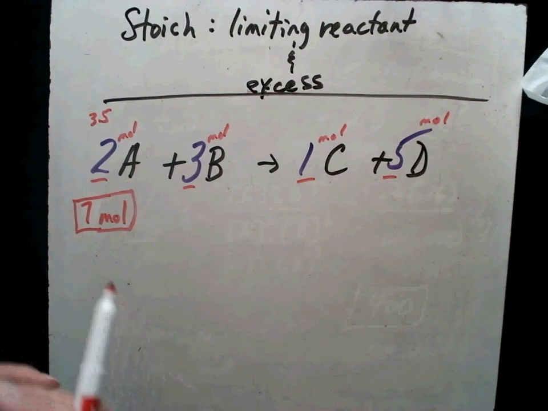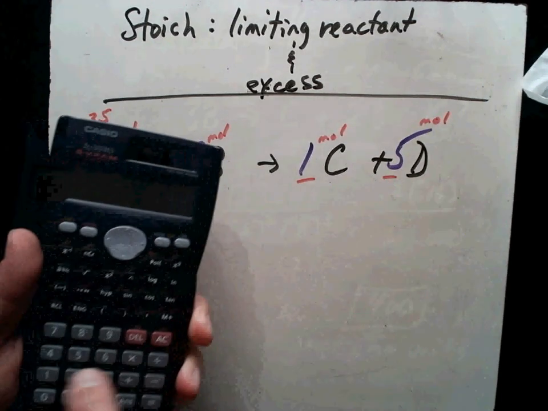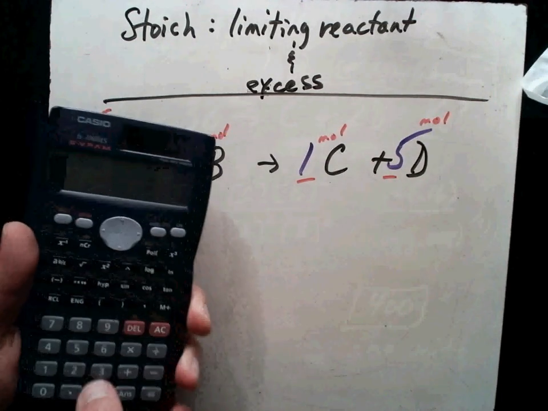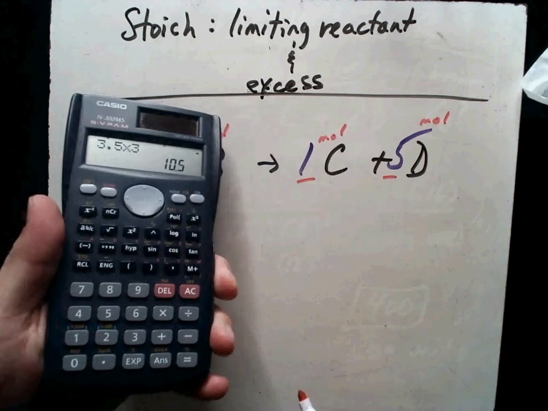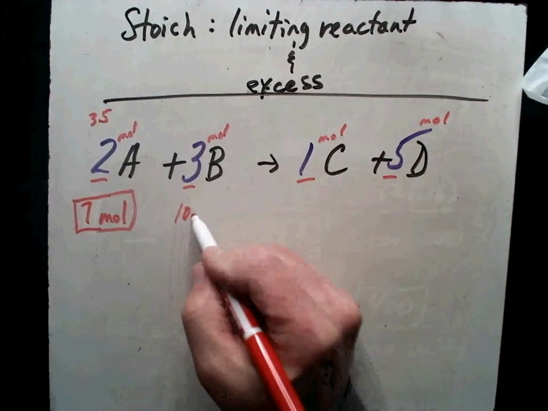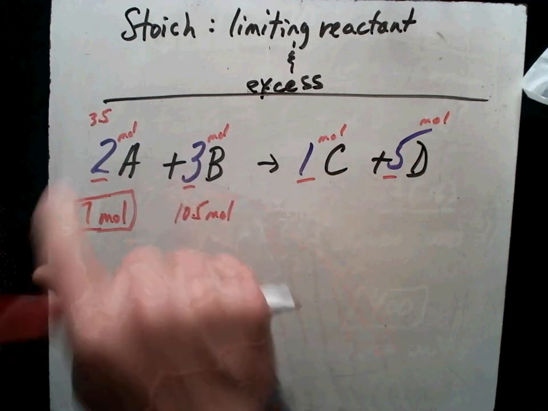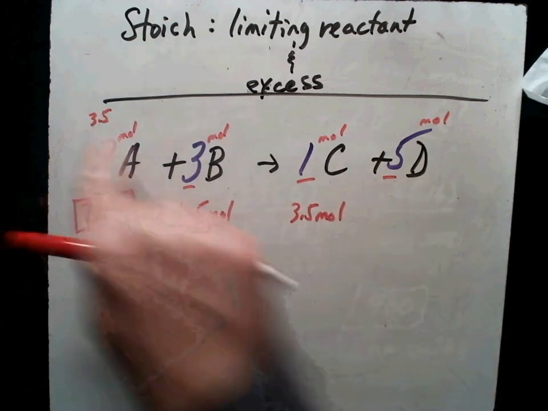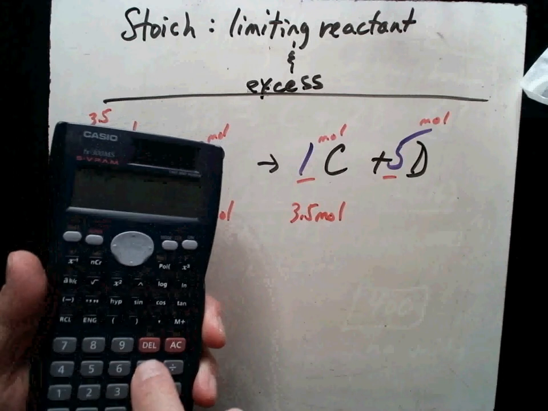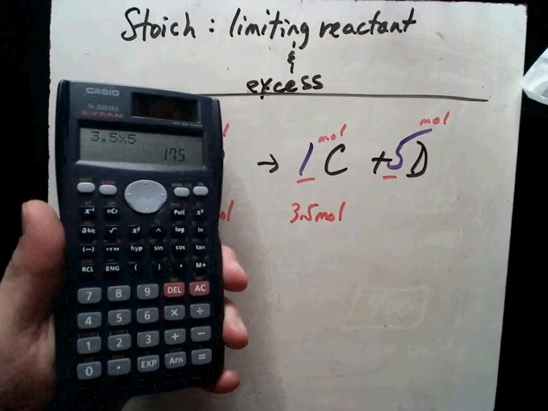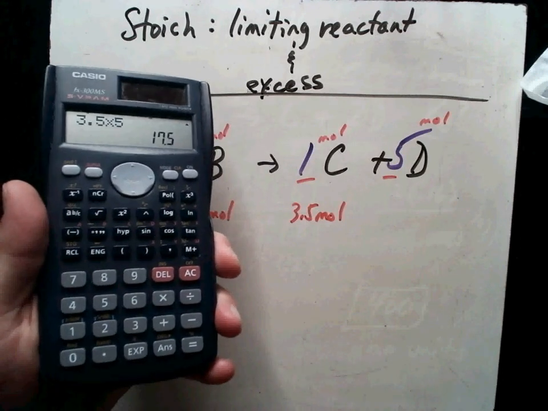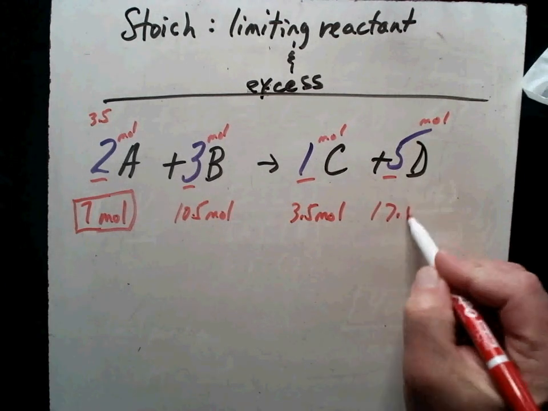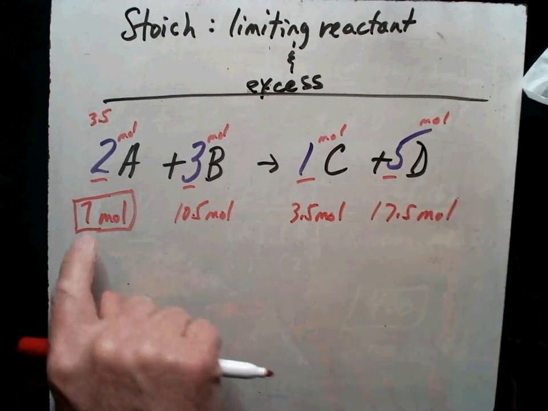So if I take that 3.5 times 3, that answer is 10.5 moles. That 3.5 times 1 is going to be 3.5 moles. And that 3.5 times 5 is 17.5.